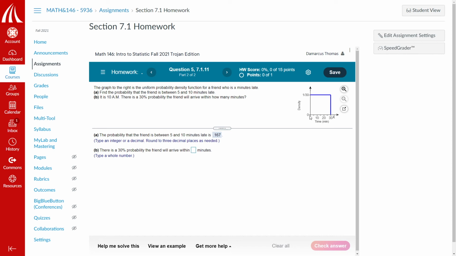And in order to get 0.3, it seems to me we'd have to get 0.3, which is equivalent to 3/10. It seems like 6 minutes, maybe.